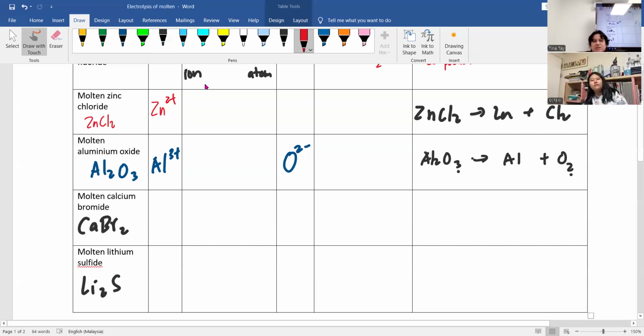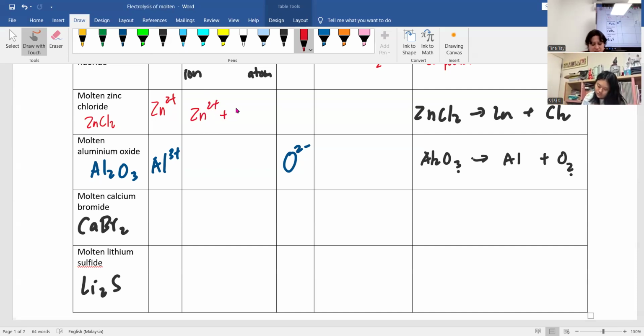Let's do one by one. So this one, Zn2 plus 2e becomes Zn, correct? Correct. This one Cl negative becomes Cl2 plus 2e. Correct? Okay. So this one you understand why?